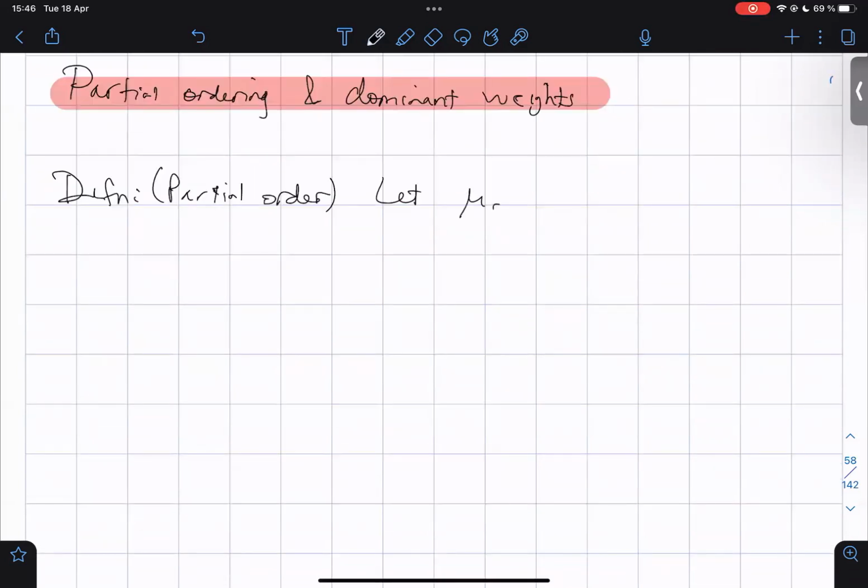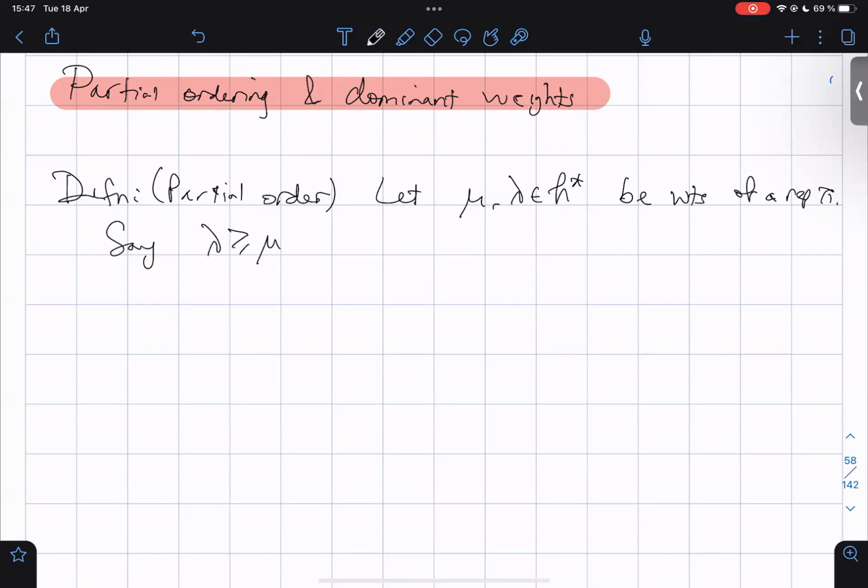So let mu and lambda be elements of H star. Let these be weights of a rep pi. We're going to declare that one is bigger than or equal to another if and only if lambda minus mu is greater than or equal to 0.